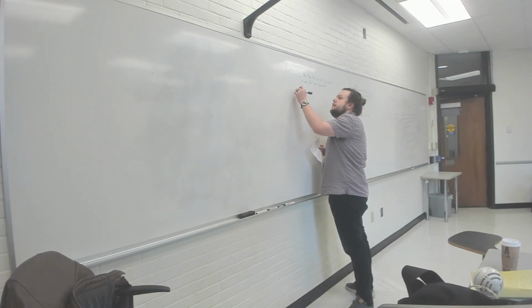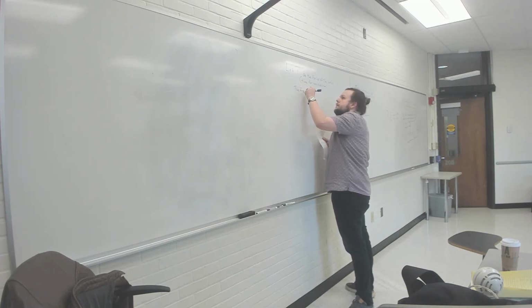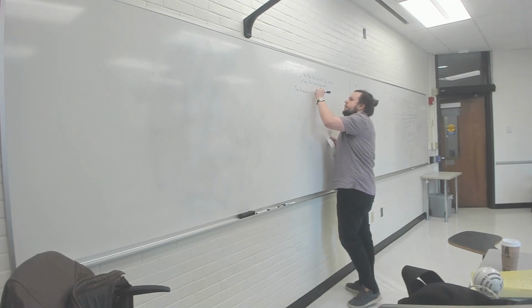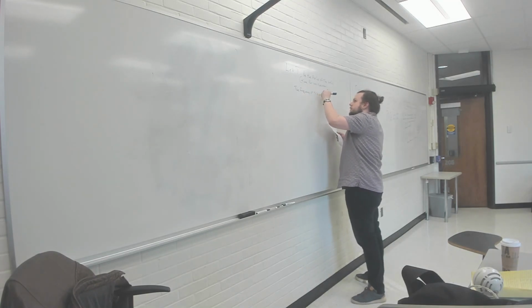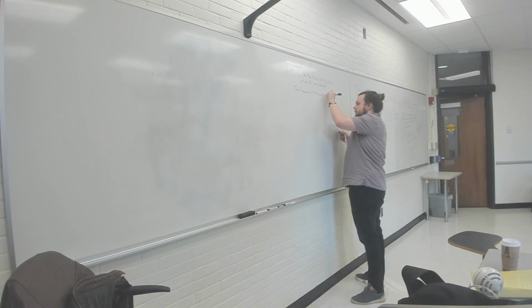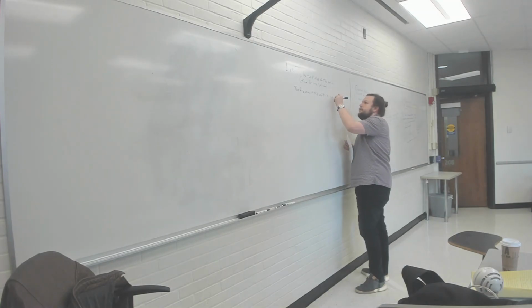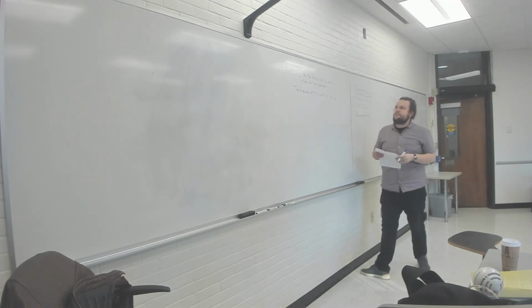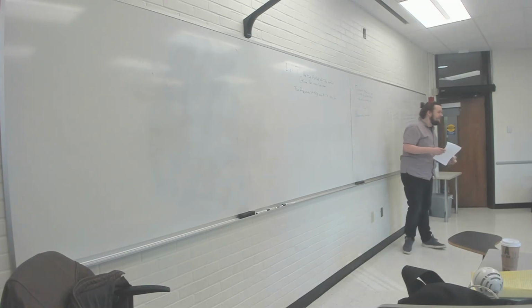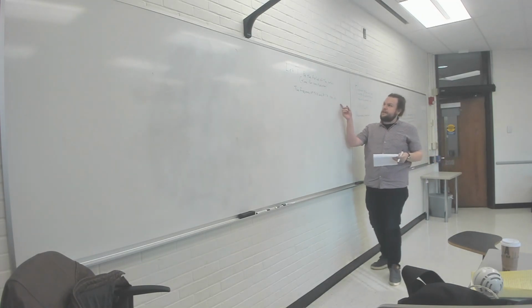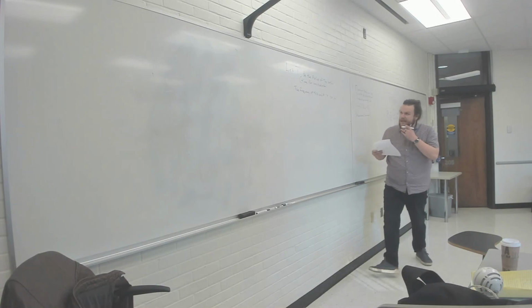Note that, therefore, the frequency of this orbit is proportional to 1 over T. T is in seconds, frequency is in per second. So the frequency is 1 over T.